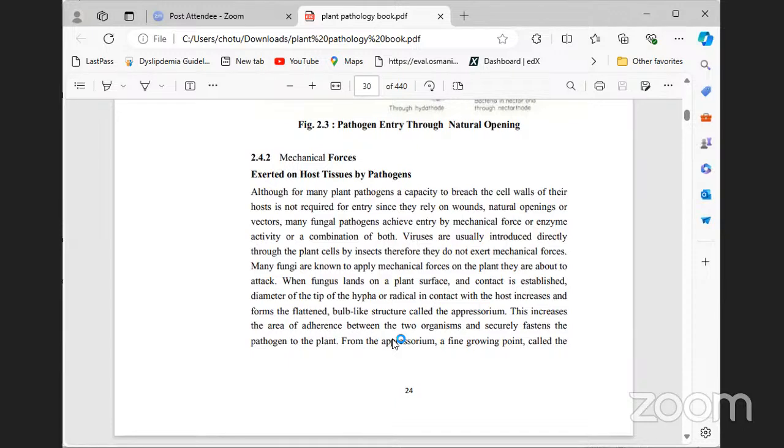Many fungi are known to apply mechanical forces on the plant.